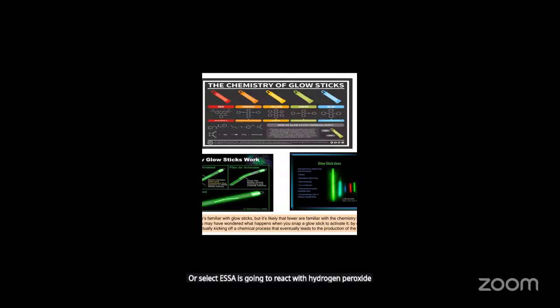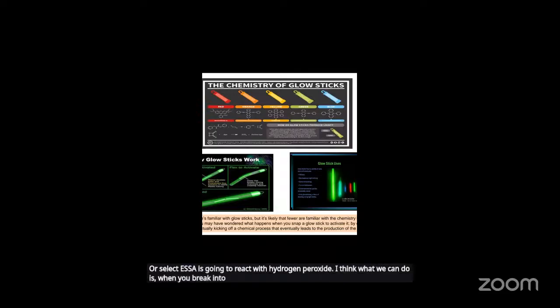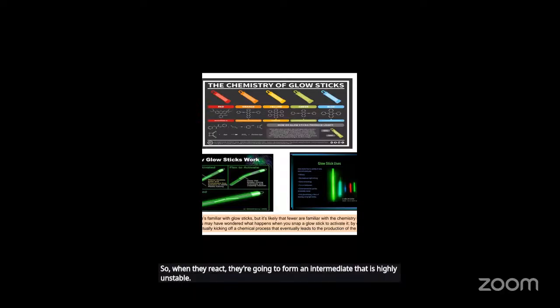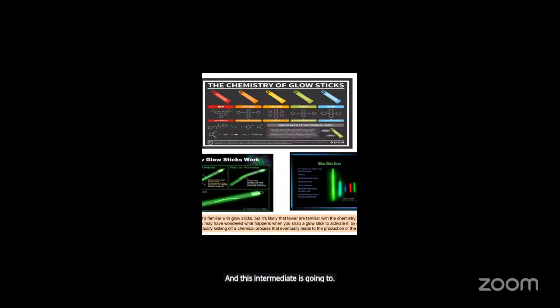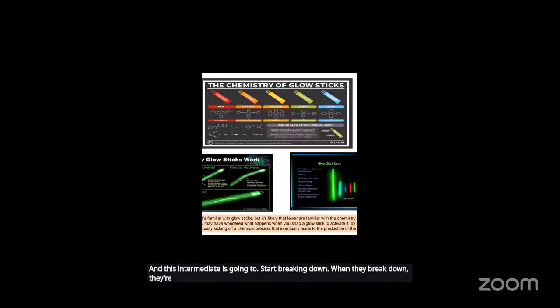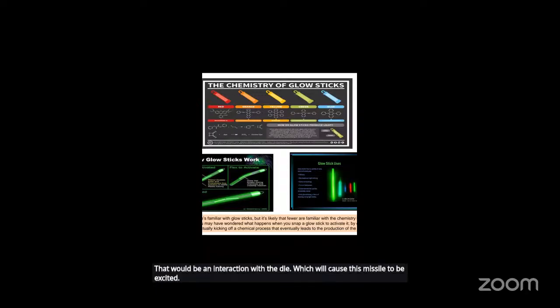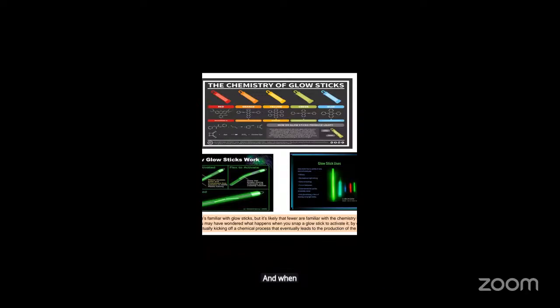When you mix them, you are agitating the reaction. They form an intermediate that is highly unstable and starts breaking down. When it breaks down, it reacts with that dye, causing the mixture to be excited. And when it relaxes, it emits light, the glow you see.